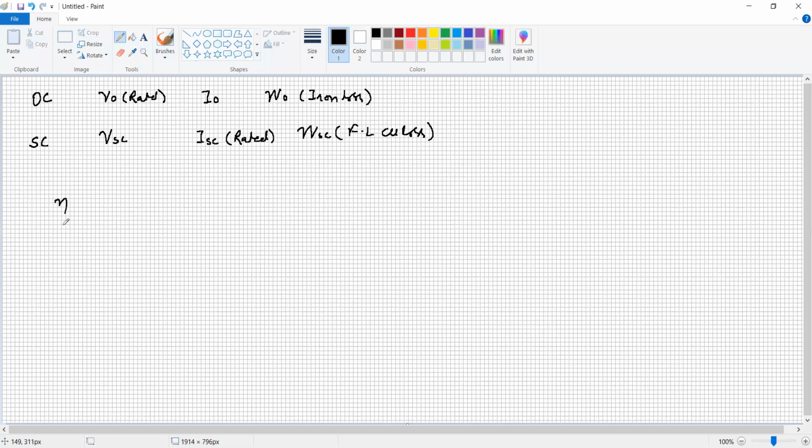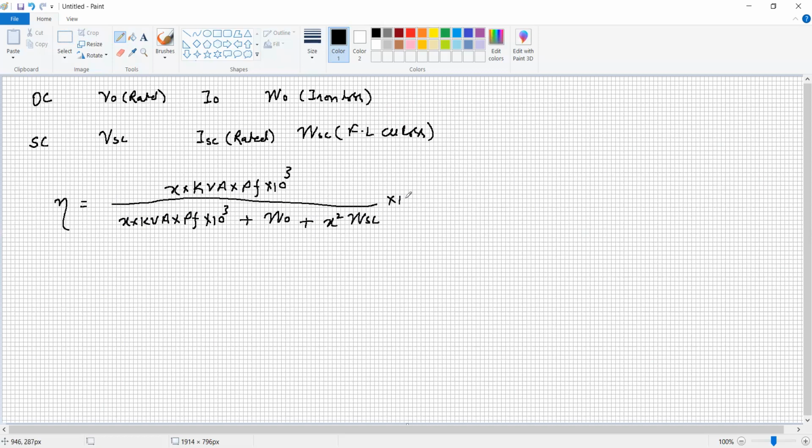Therefore, efficiency is equal to the output of the transformer, which is x into kVA into power factor into 10 raised to 3, divided by x into kVA into power factor into 10 raised to 3, which is the output, plus W0, because it is the iron loss, plus x square WSC, into 100.